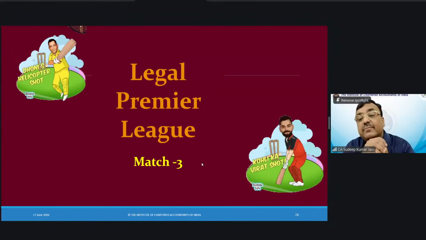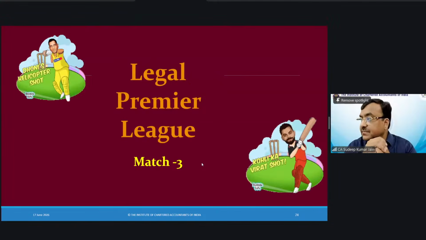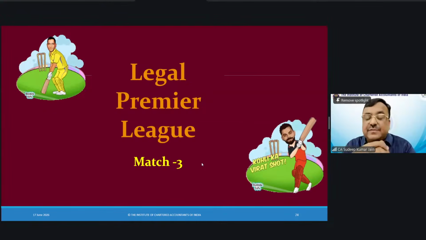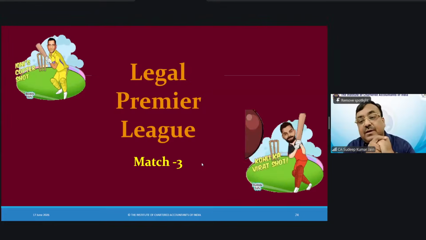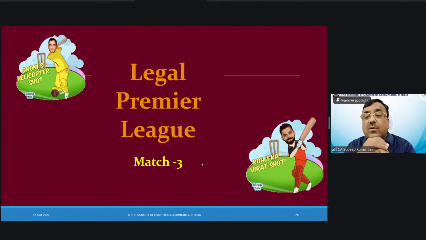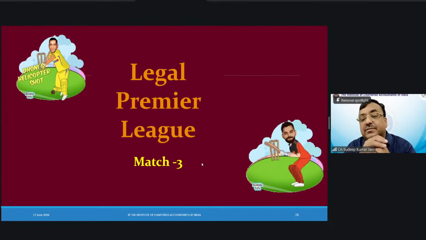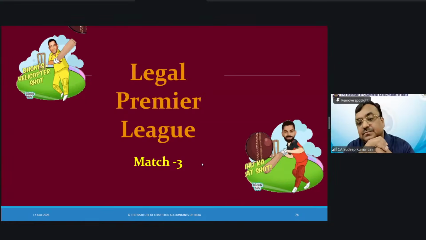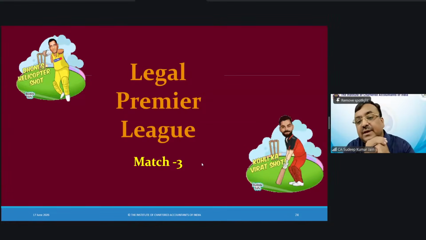So this pledge will be valid if the pawnee has no idea the owner has purchased this scooter by coercion. Right? Vishnu, clear?